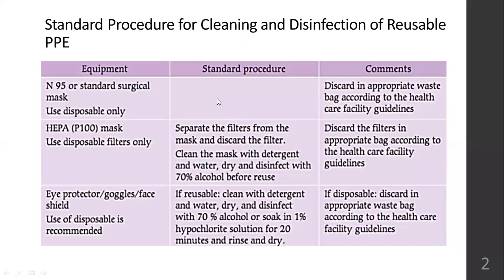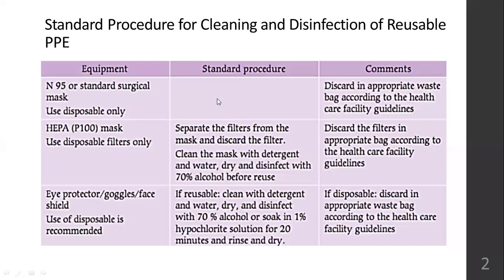Eye protectors, goggles, face shields. They come in two types. Some types of face shields are single use, some types are reusable. The single use one has to be disposed of after every single use in the appropriate waste bag. But if it is reusable, the same procedure applies.